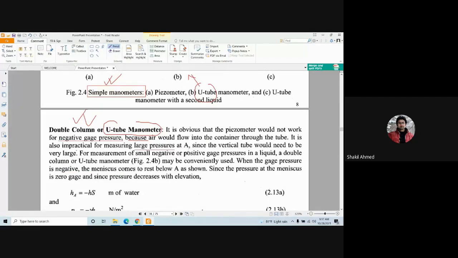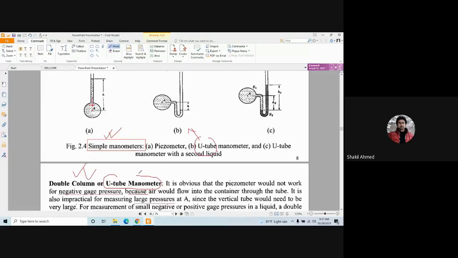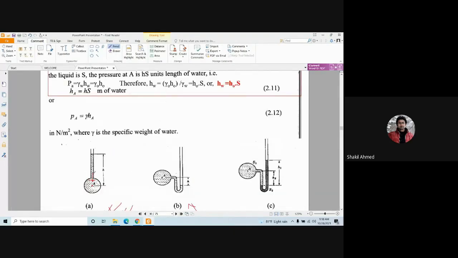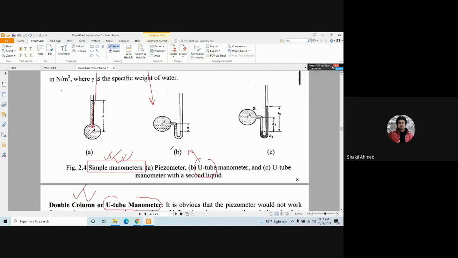That's one case. Another case is if your pressure is very large here, then in a simple manometer you'll see that the liquid rises all the way up, right? This is inconvenient. That problem also gets resolved when you use this, because as you can see, we are balancing the pressure here.